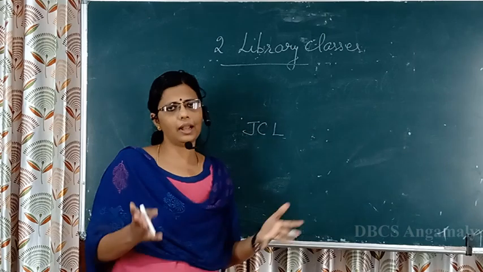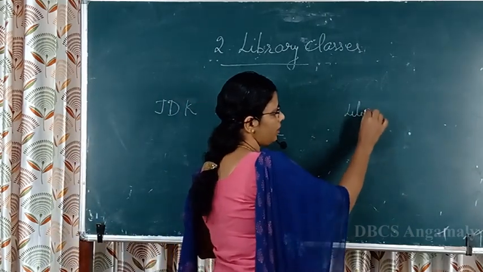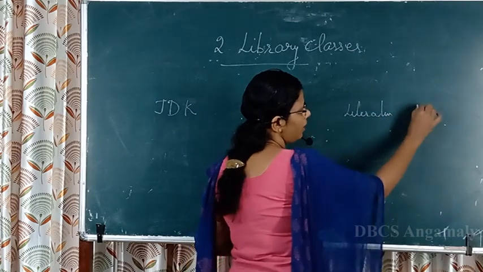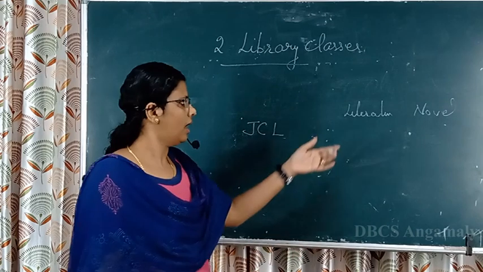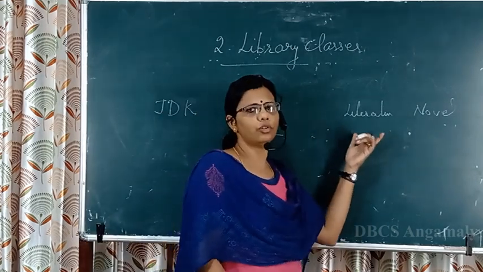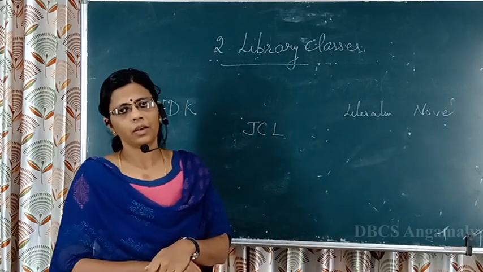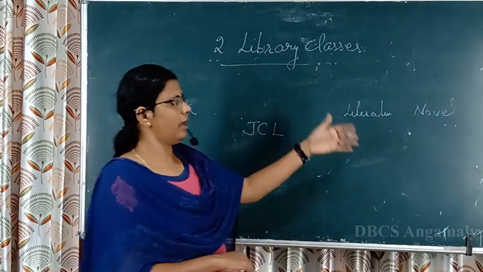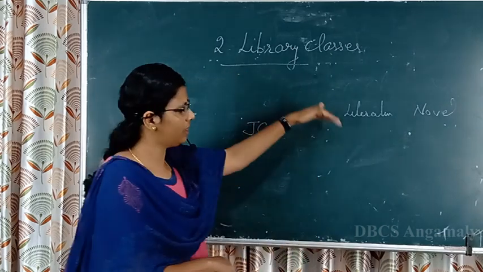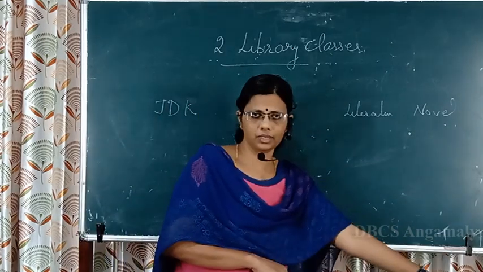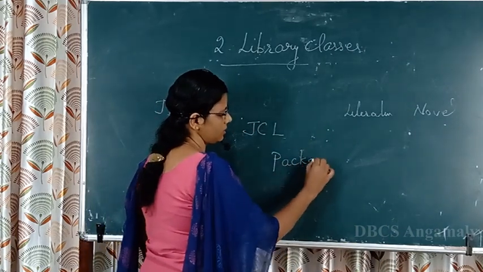Clear? Like in a library, we have separate wings. Like we have a literature wing, we have novels. So we have so many wings inside a library. And when you go into literature, you go for the books which are required for literature. You just pick up like that. Similar to that, in JCL also, they have created, not like these racks which we find in libraries, something called packages.